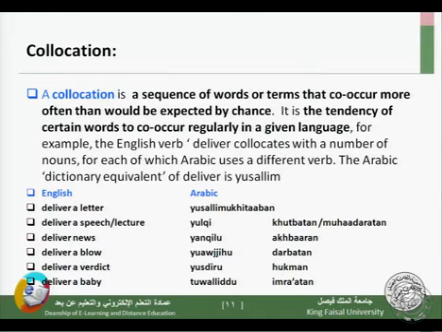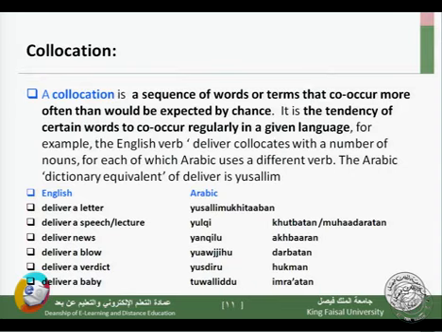A collocate means a pattern. Now, look at English: we have deliver a letter, the same verb, but what comes after it is two words. That's why I said above word level. Above word level means more than one word.